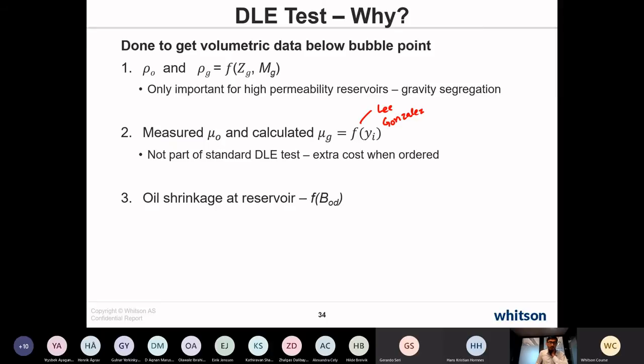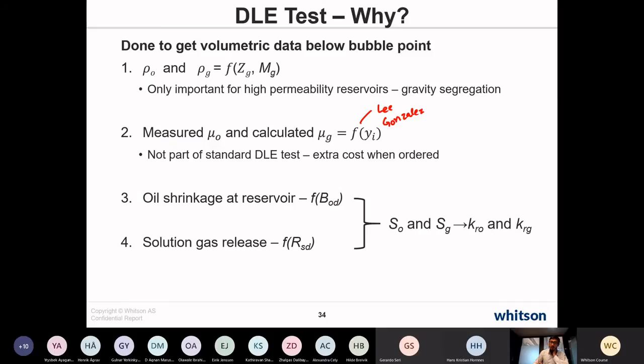The oil shrinkage at reservoir is a function of the oil formation volume factor. You also have the solution gas release, which is a function of how much gas is dissolved, which is RSD. Both of these give you in the simulator the saturation of the oil and the gas, which drives your relative permeabilities, KRO and KRG values.